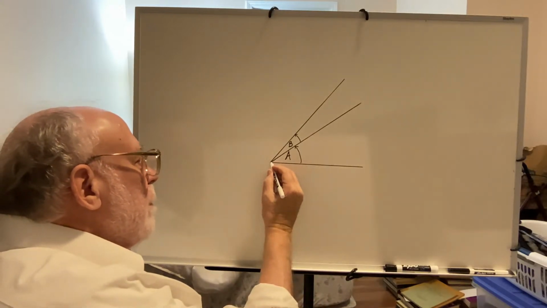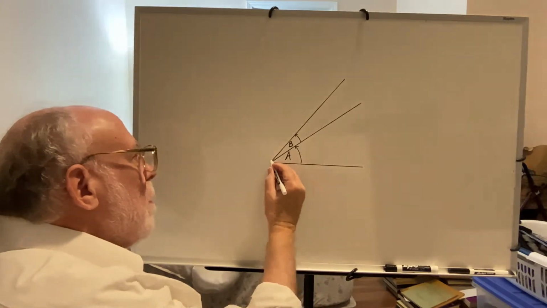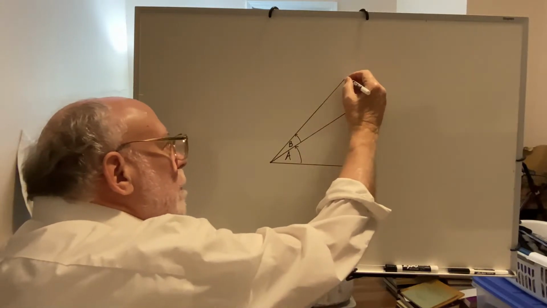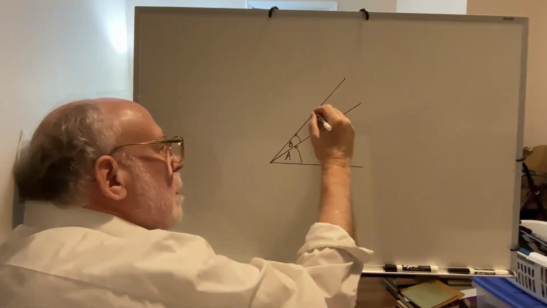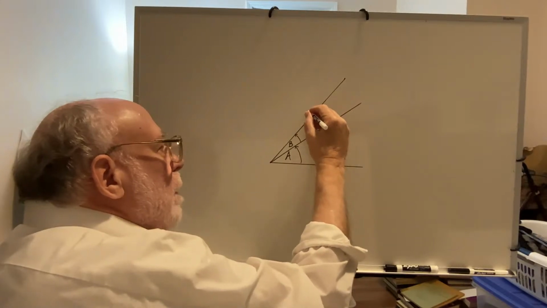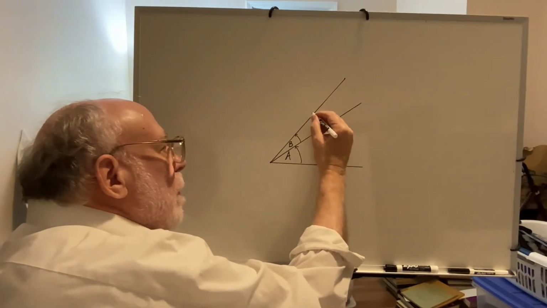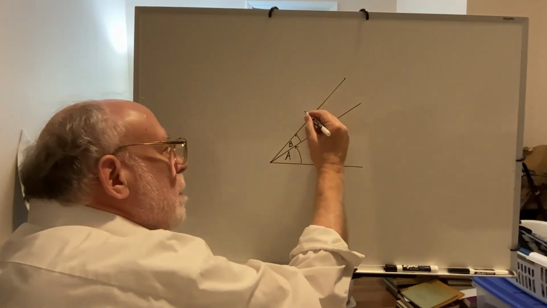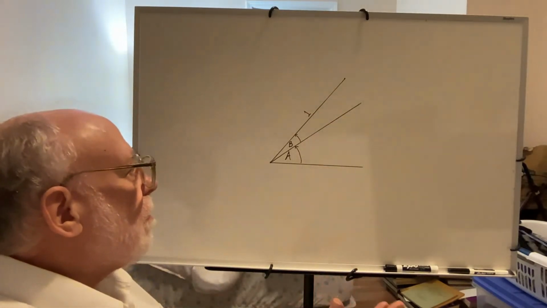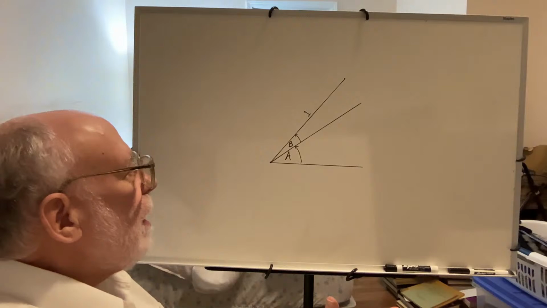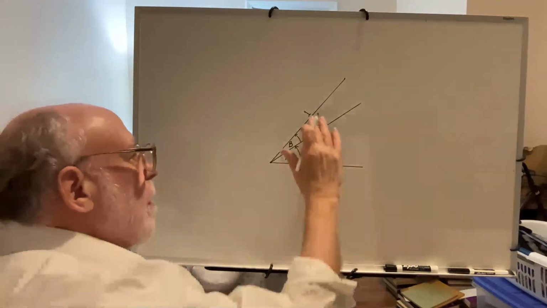So now what we want to do is go out from this vertex all the way out to here, and we'll call this one unit. Why can we do that? Well, we make units that go with our system.